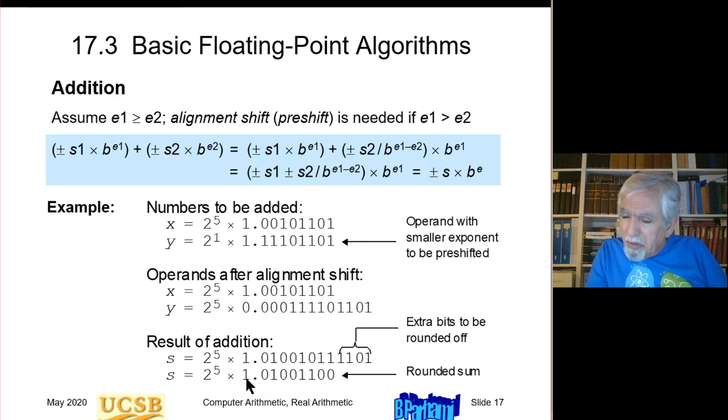Then you need an adjustment to get rid of the extra whole bit by shifting to the right. That's known as normalization. So in general, for addition, you need normalization when the result equals or exceeds 2. And then once you have done your normalization, you have to round to get rid of the extra bits.